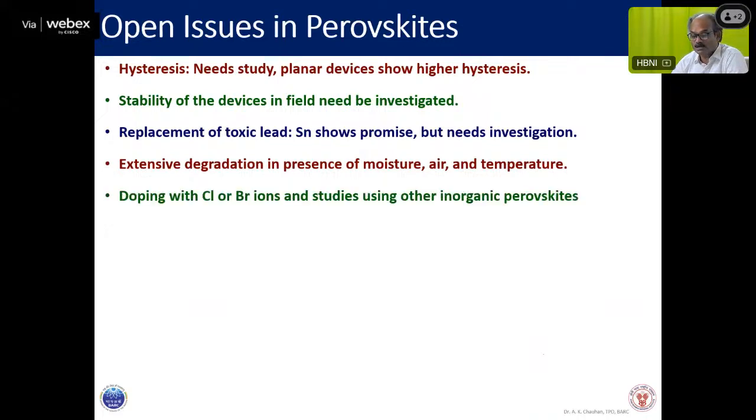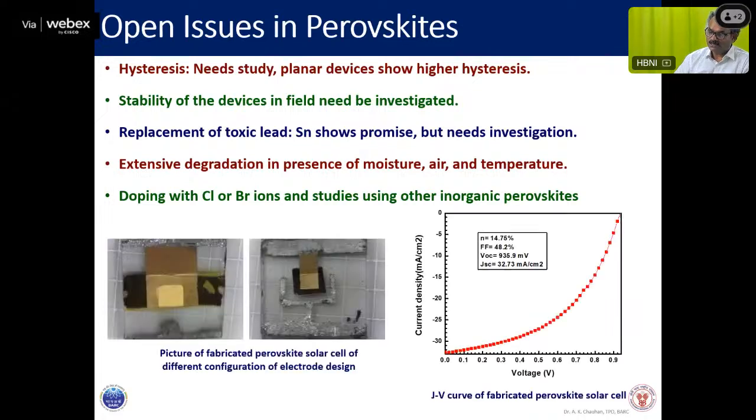The literature is filled with perovskite papers. Then there is extensive degradation in the presence of moisture, air, and temperature. That is also a big issue. Doping with chlorine and bromine ions and studies using other halide perovskites will be done.